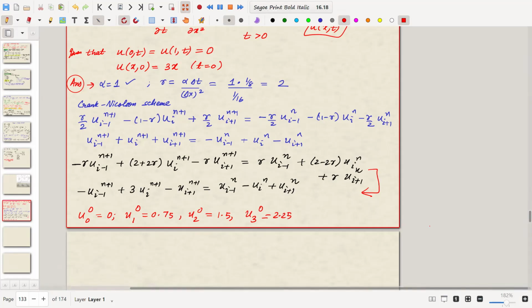How will you get all this? From where did we get all this? Yes, 3x. And boundary values are already given to you: u0 at time step 1 is 0, u4 at time step 1 is 0. Take advantage of this 3x. From that, you can generate all this data.